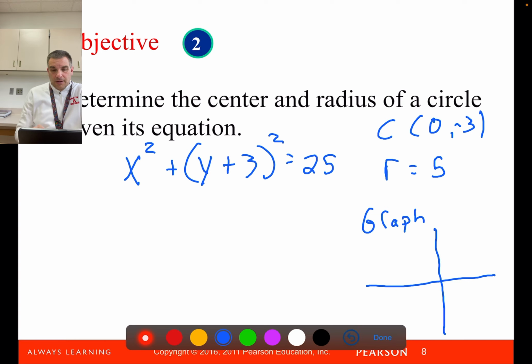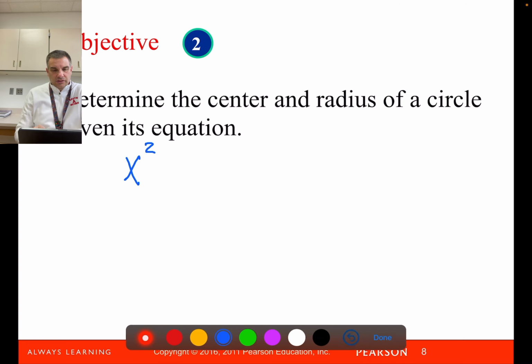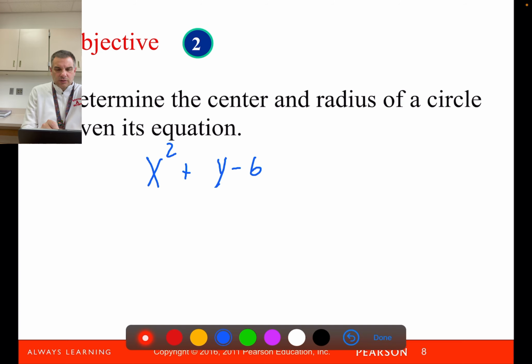We'll do one last question that looks just like this, and then that's all you have with circles. Let's go x squared plus y plus 6 squared equals 9. Go ahead and find the center, the radius, and graph it.